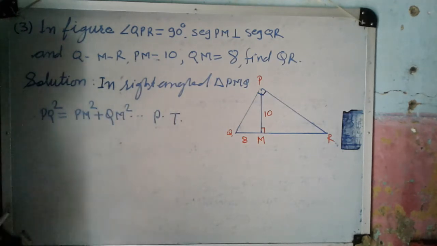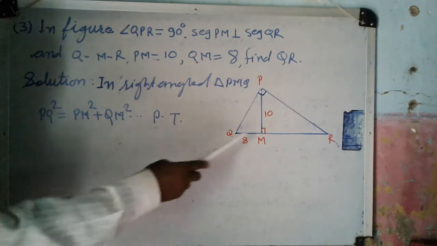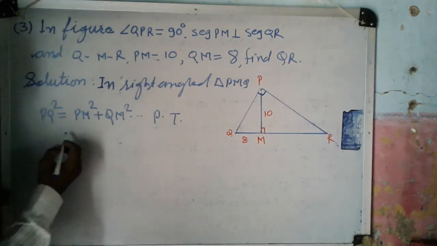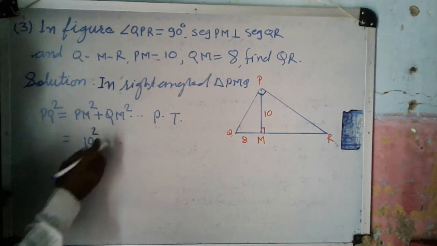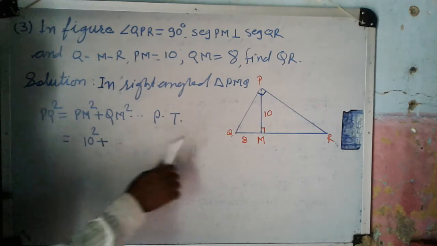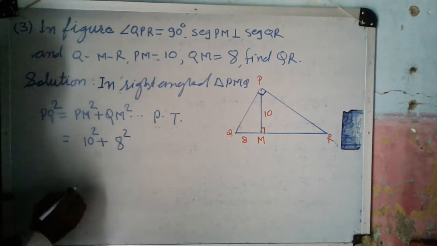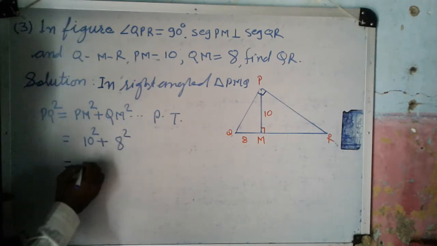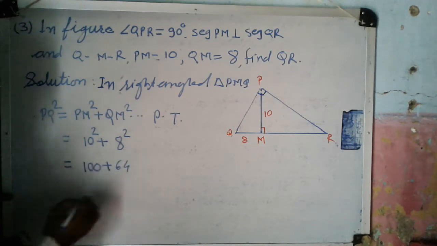Pythagoras theorem. Okay, now put the values here. PM is equal to 10, that means PM square means 10 square, plus QM is 8, that means QM square means 8 square. That is equal to 100 plus 64.